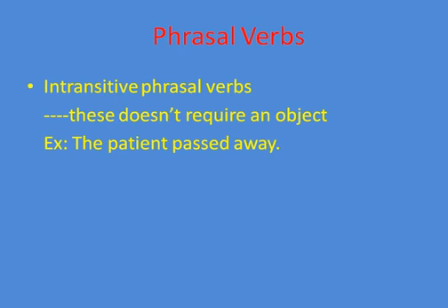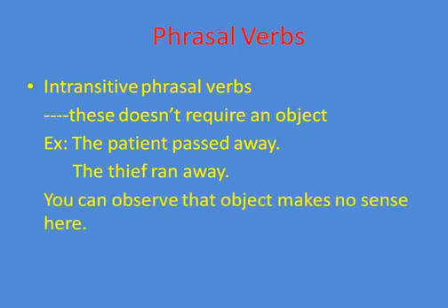In this sentence we can see the subject and the verb part, but it doesn't require any object, because who has passed away? The patient itself has passed away. So it doesn't require any object here. See one more example. The thief ran away. Now you can observe that an object makes no sense here. And such kinds of phrasal verbs are called intransitive phrasal verbs.